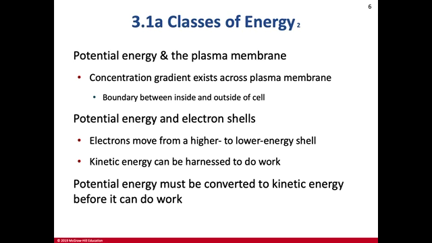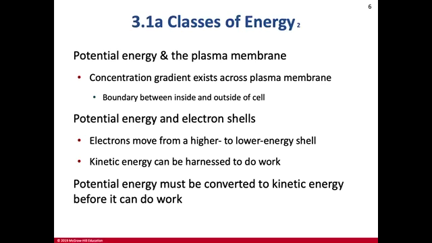Classes of energy, well, we've got potential energy. An example in living systems is the potential energy in the plasma membrane, which is the result of concentration gradients that are created as a result of membrane pumps and differential permeability of the membrane to different ions, and the fact that certain large ions are trapped inside the cell and can't escape.